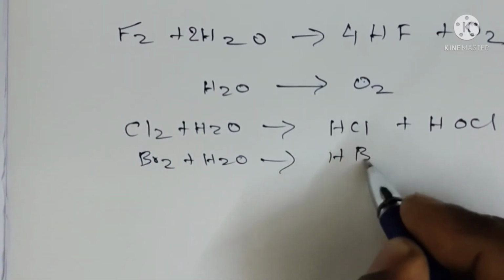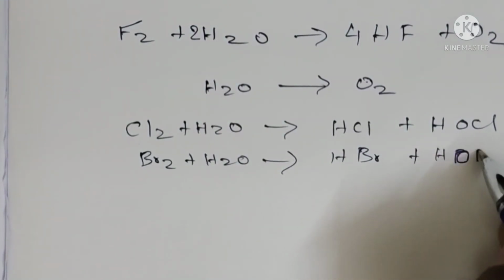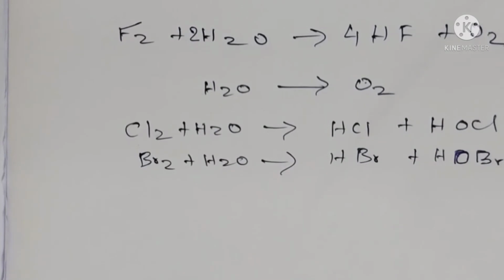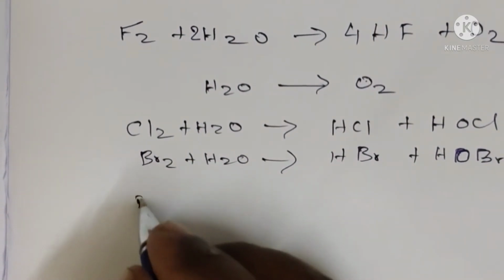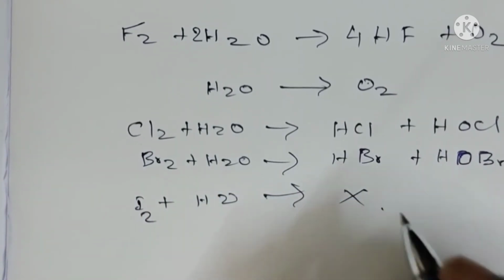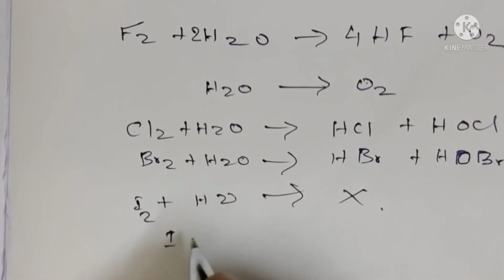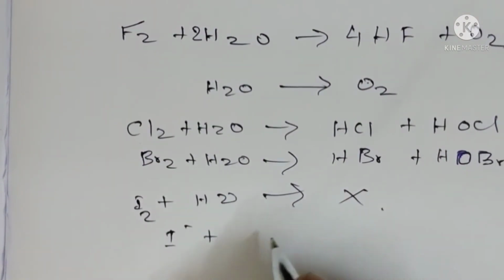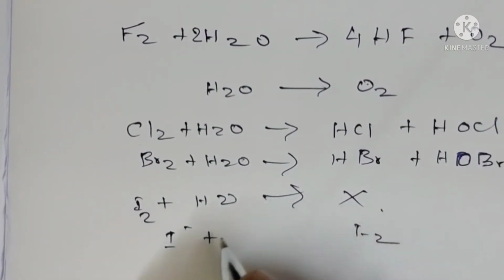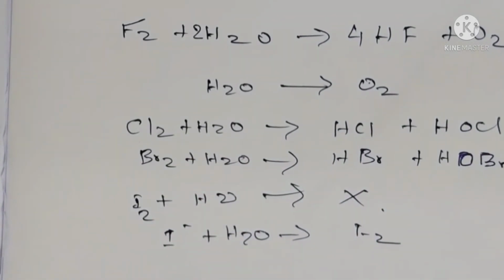We are getting HBr, hydrogen bromide, and hypobromous acid. But when iodine reacts with water, the reaction is non-spontaneous. But iodide can be oxidized to iodine by water. That is, the reverse of the reaction takes place.